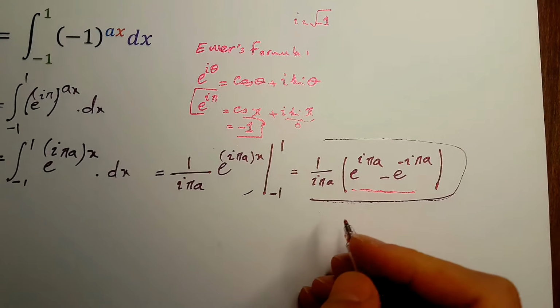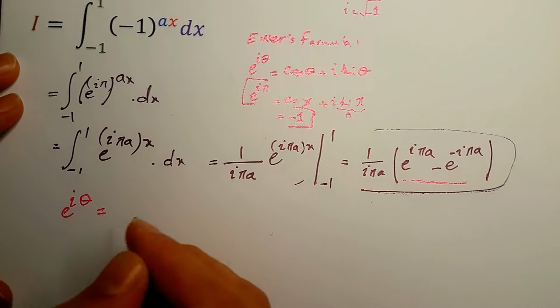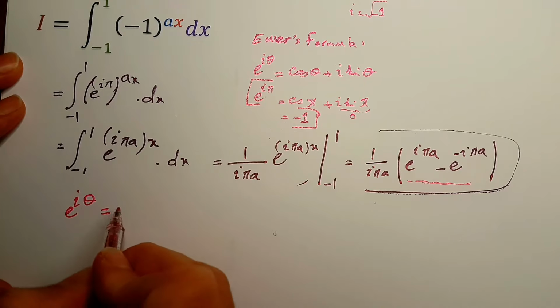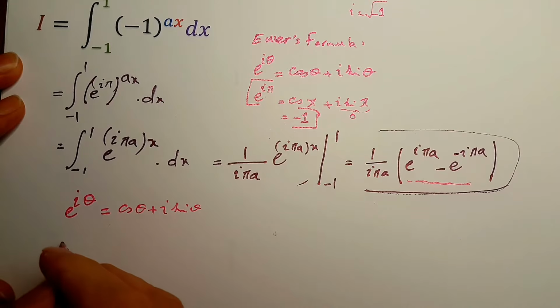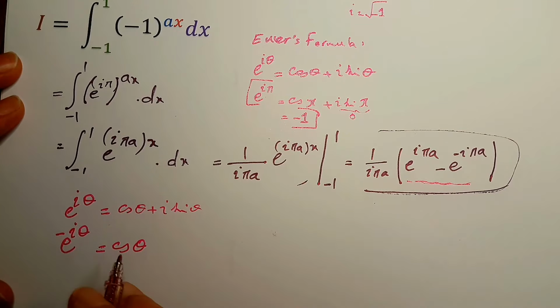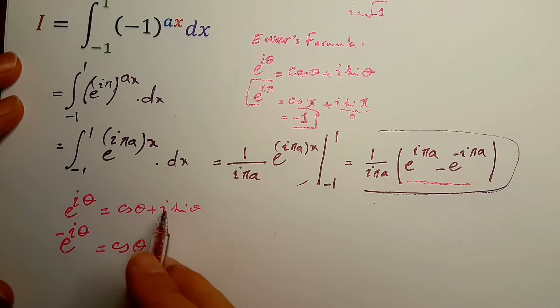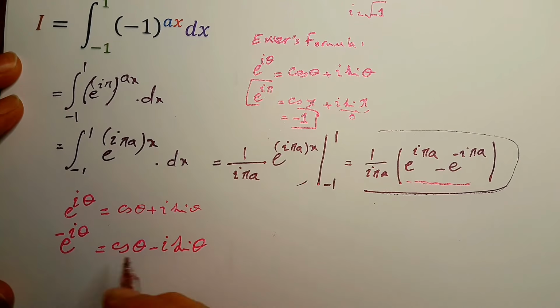Let's say from Euler's formula we have e to the power of i theta, which is cosine of theta plus i sine of theta. And then e to the power of minus i theta is cosine of minus theta, but cosine of minus theta is cosine of theta, plus i sine of minus theta, where the negative comes out of the sine, so it's minus i sine of theta.